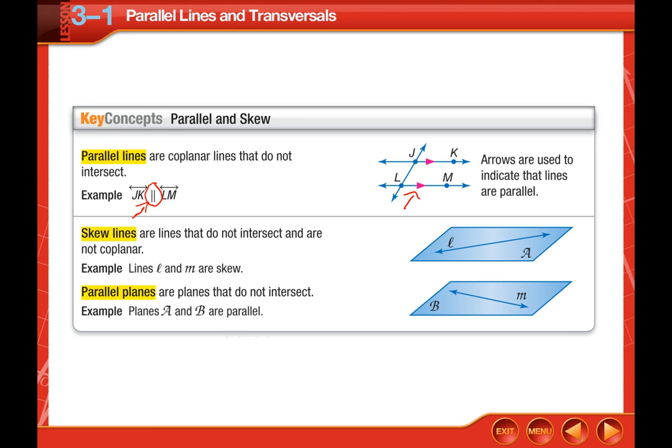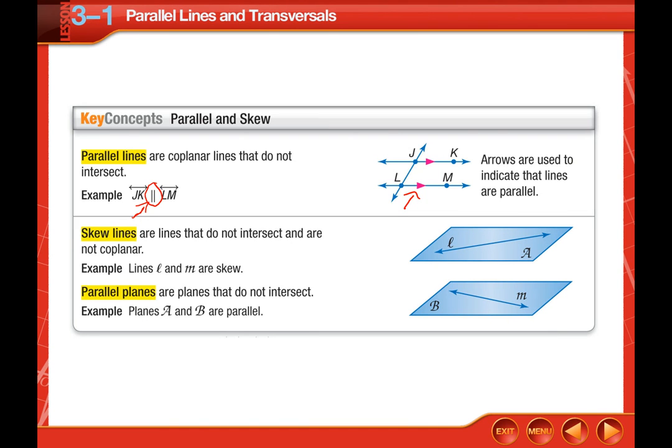And just like previously where we used a slash on different segments to indicate that those segments were congruent, we can use one of these arrows like you see here to indicate that the lines are completely parallel, that all points on each line are at equal distance to the other line.